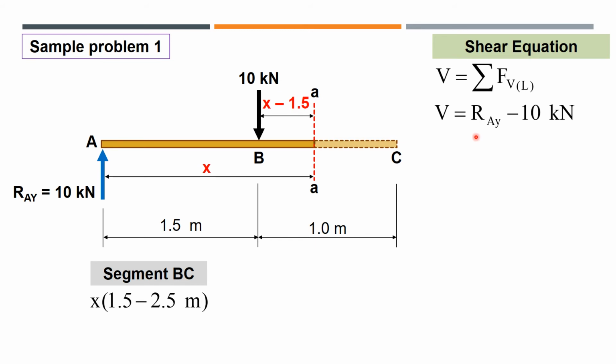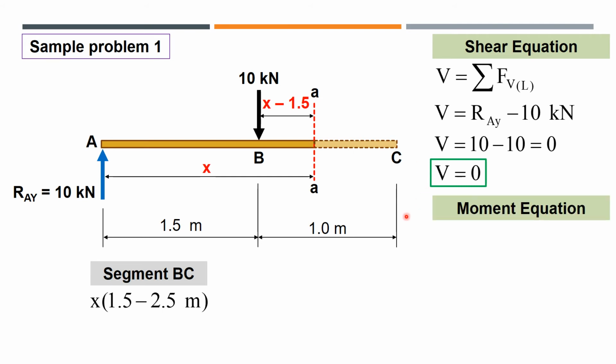So if RAY is 10 and we subtract this 10 kilonewton force, so our shear equation for BC is V equals 0. So it is still a shear equation. Whether equated yan sa 0, whether may variable yan or wala. So we will use this later on to see the variation of shear values dito sa segment BC.